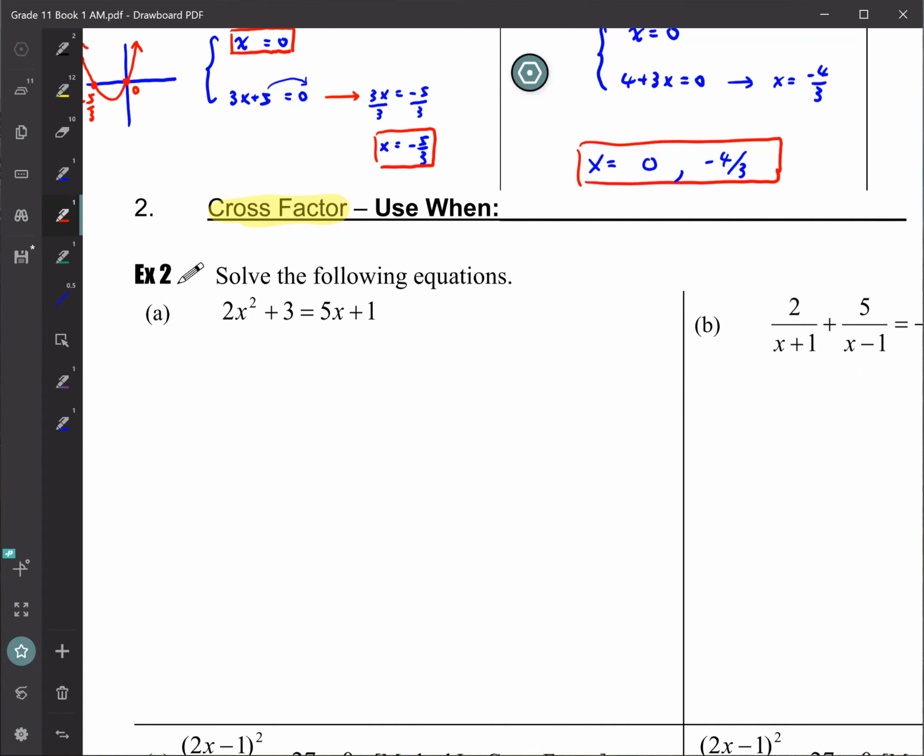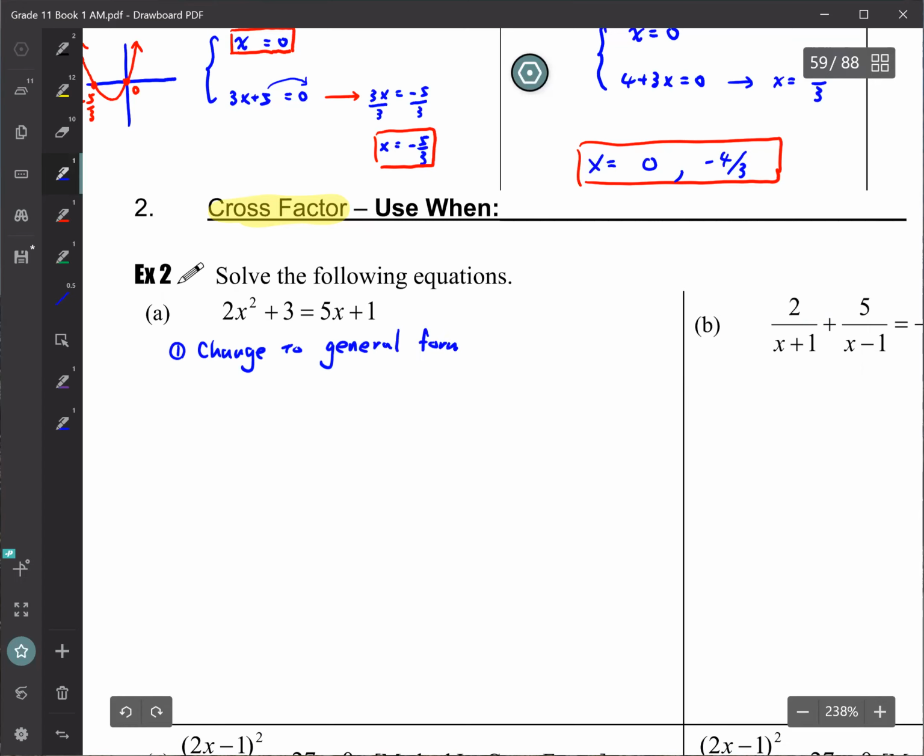So the first thing is to change to general form. The general form is the same form that we learned in the last chapter for the quadratic function. We have general form and standard form.